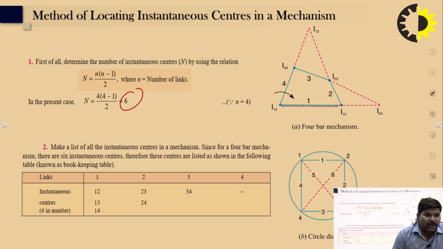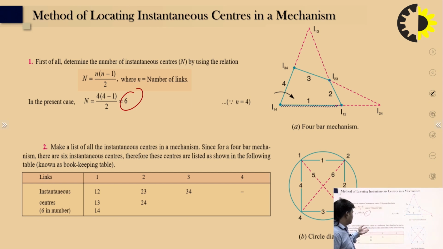So for drawing this, how do we find the 6? Of the 4 links, 2 are permanent, 2 are neither permanent nor fixed, and 2 are fixed. You can see one table is there, so make a list of the instantaneous centers of the mechanism. You can draw the circle and draw all 4 links, and after that we can connect the center lines listed in this.